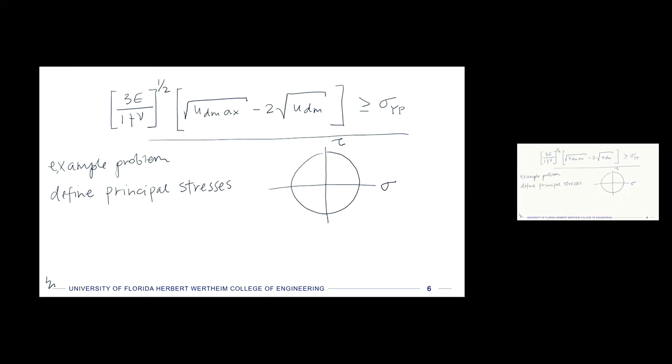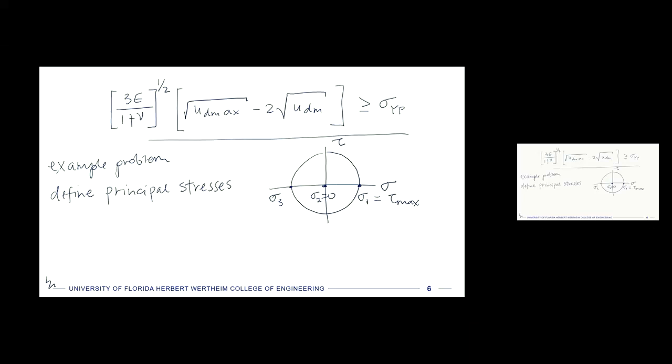And so for pure shear, if we think about our principal stresses, sigma 1 will be here, sigma 3 will be here, and sigma 2 equals 0. And also sigma 1 is the same as the maximum shear stress because it's a circle, right?